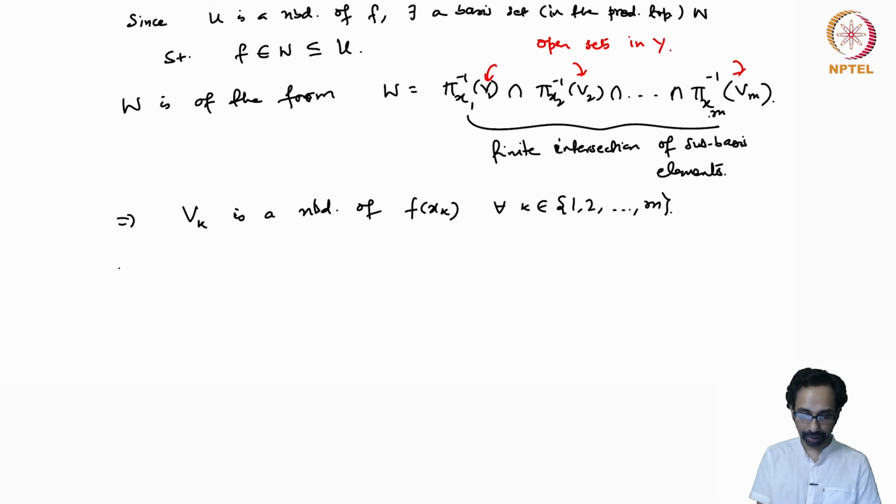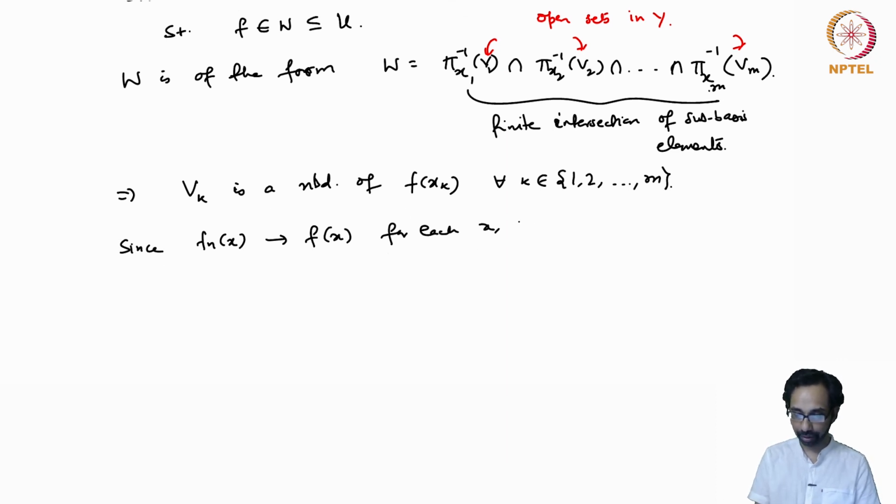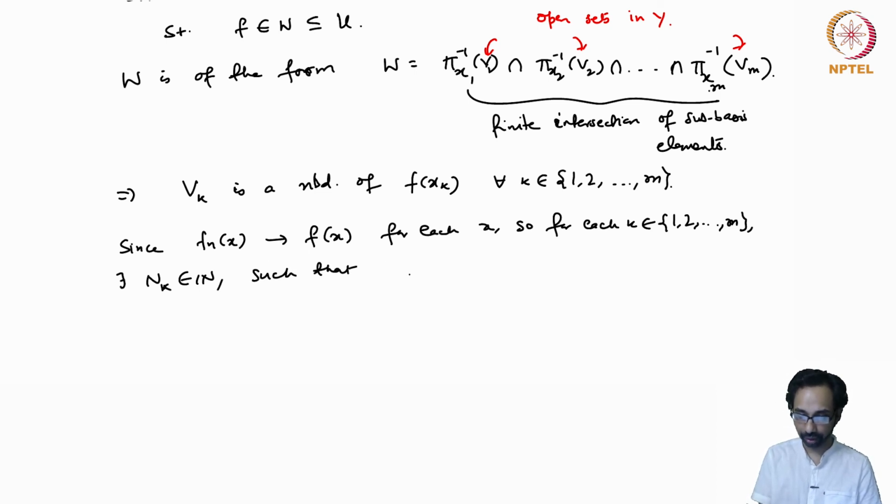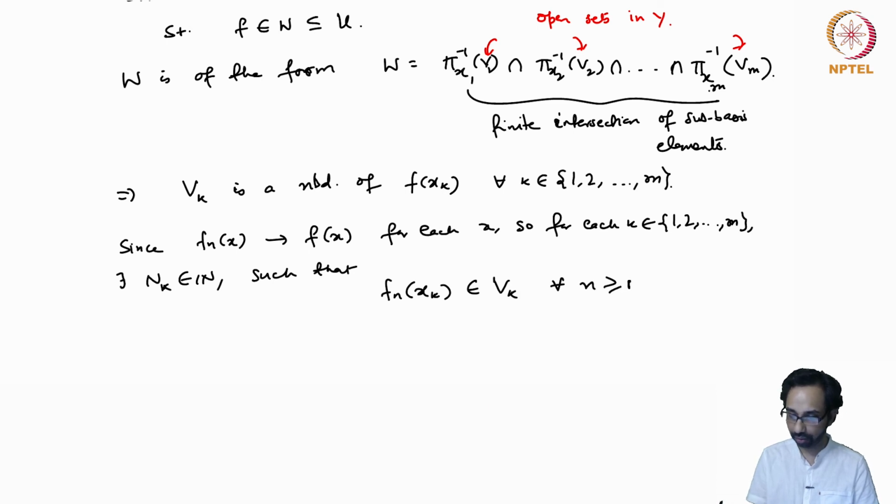And this means, since fn x converges to fx for each x, that for each k in the set 1 up to m, there exists a natural number nk such that fn xk belongs to vk for all n greater than or equal to nk.